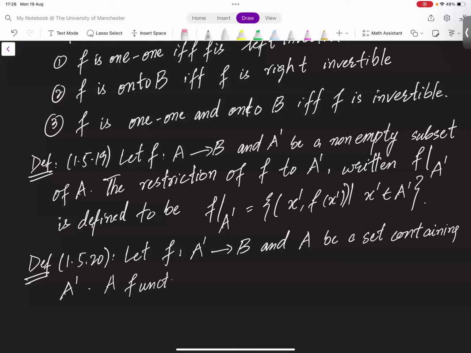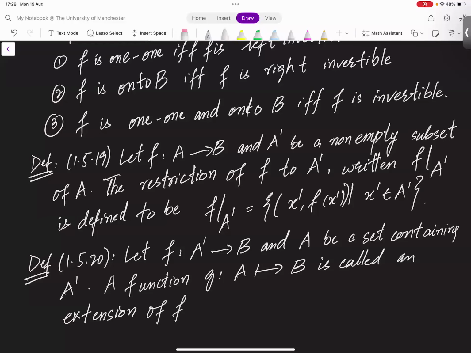A function g from A to B is called an extension of f to A if g restricted to A prime is f.